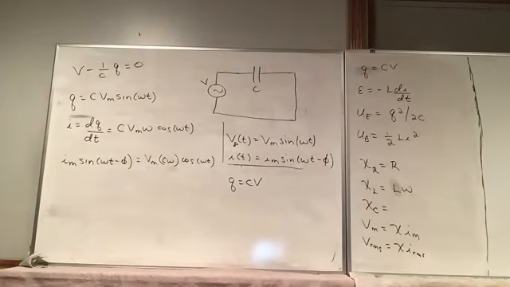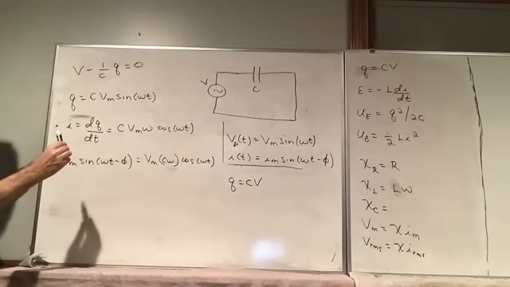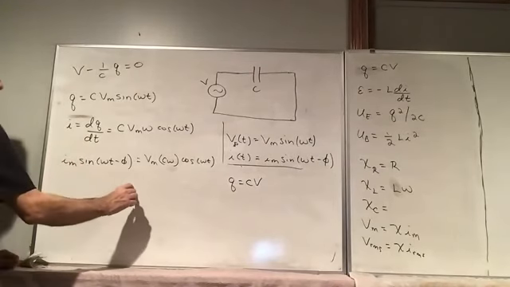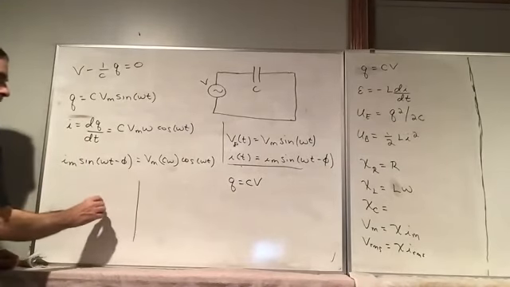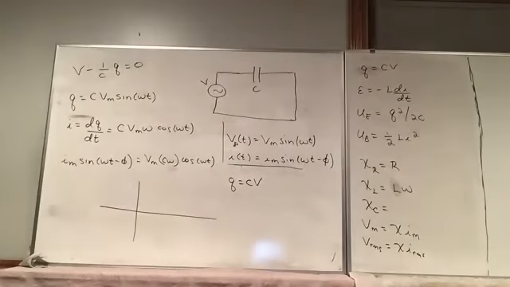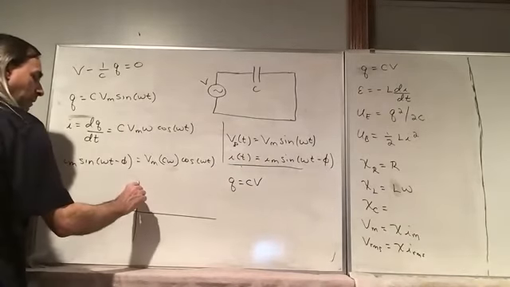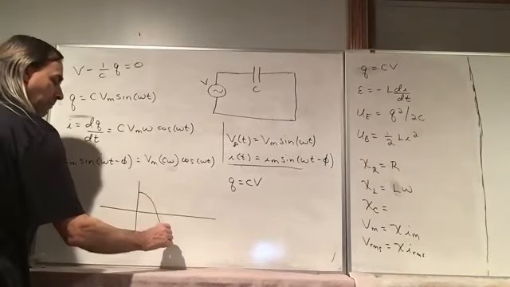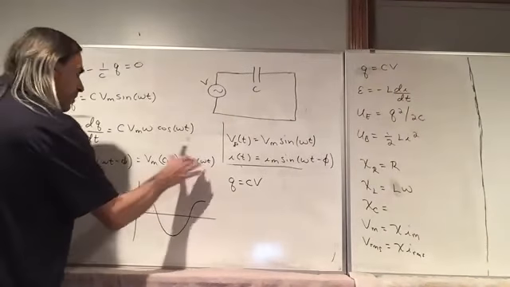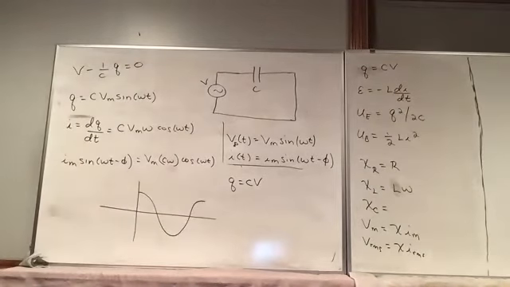So yeah, we can do this phase shift now. We want to figure out phi here. So if we take sine, well, let's plot cosine. It looks like this. So here we have cosine. So sine omega t minus phi.